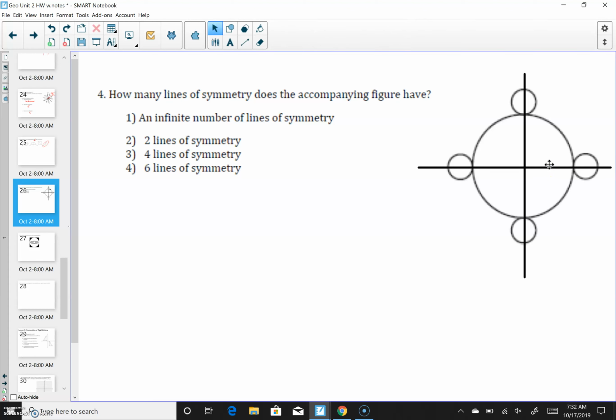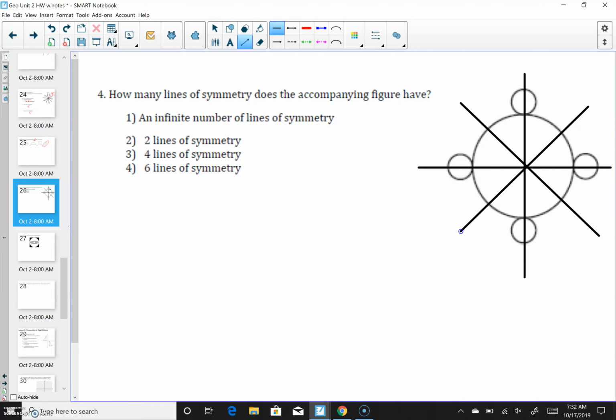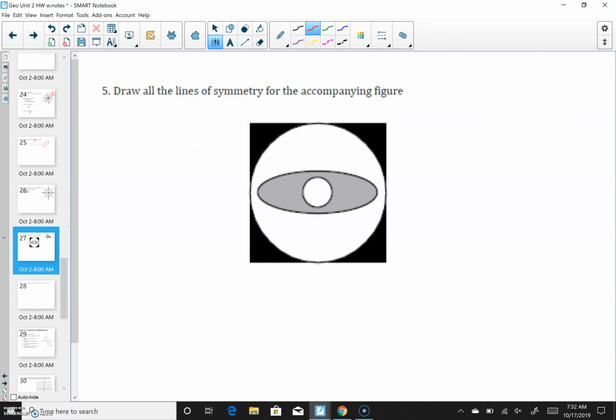Now, if we were to draw our diagonal lines of symmetry as well, since this is balanced on all sides, those would line up perfectly with each other, and those are the only ones that I see. So therefore, how many lines of symmetry are we going to have? We're going to have 4.